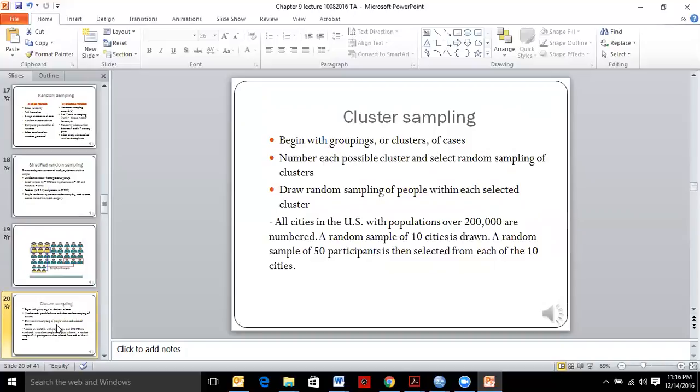And then we draw a random sampling of people within each selected cluster. For example, all cities in the United States with populations over 200,000 are numbered. Then a random sample of 10 cities is drawn. A random sample of 50 participants is then selected from each of the 10 cities.